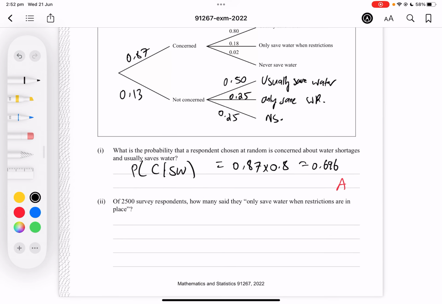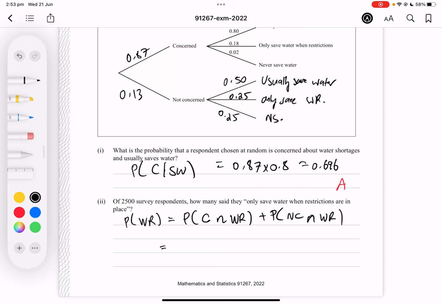Of 2,500 survey respondents, how many said they only save water when restrictions are in place? Okay, so we're going to look at P of only save water with restrictions. That is equal to the probability that they're concerned and they save with restrictions, added to the probability that they're not concerned and save with restrictions.